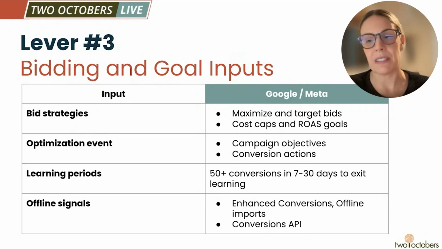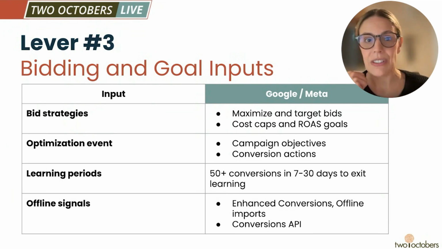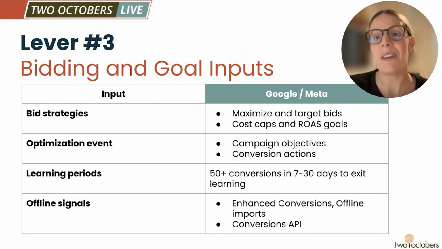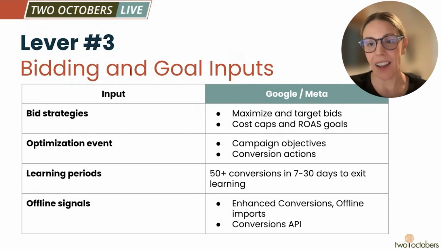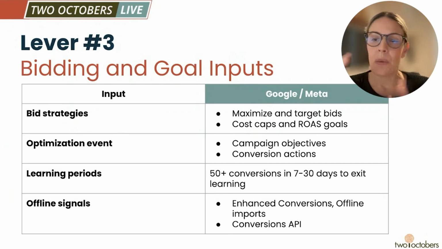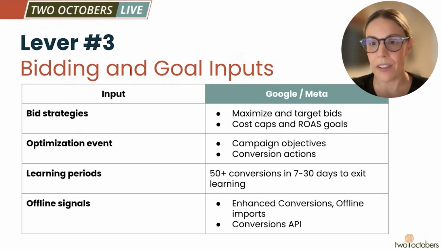We do this with optimization events, choosing the best event for your goal. We give it time to learn. This is not anything new because we've talked about that machine learning phase, but both platforms will have periods of time where they need to adjust to any changes that are made. And then there are offline signals: what we know about who's converted, maybe not through an ad, that's fed back into the platform to tell us more.